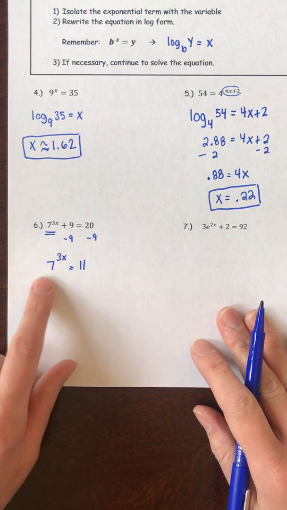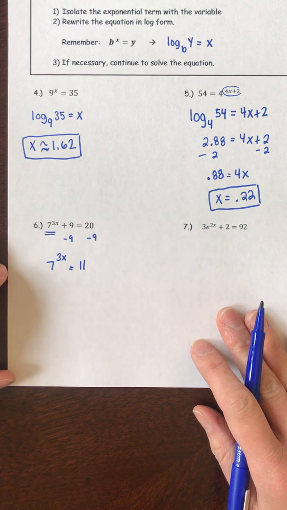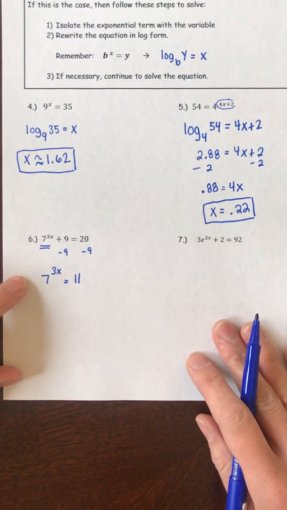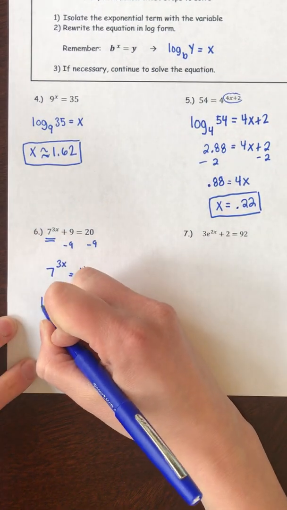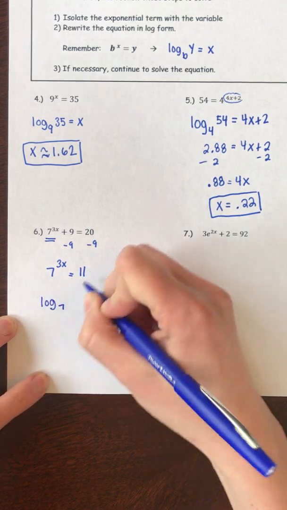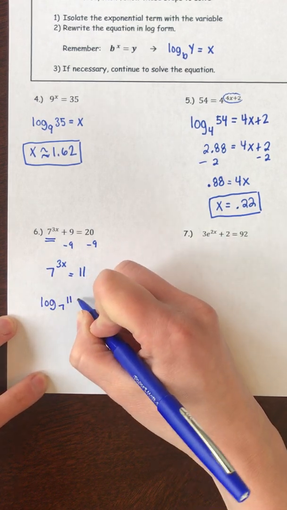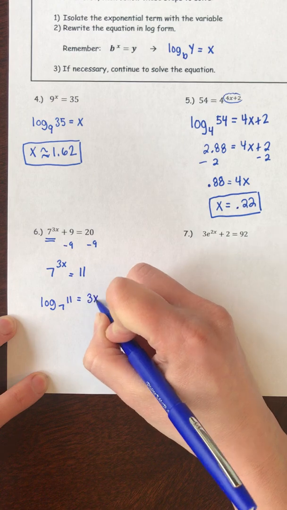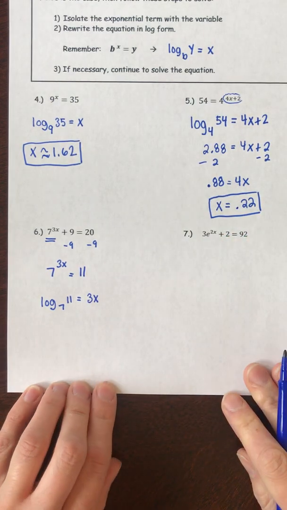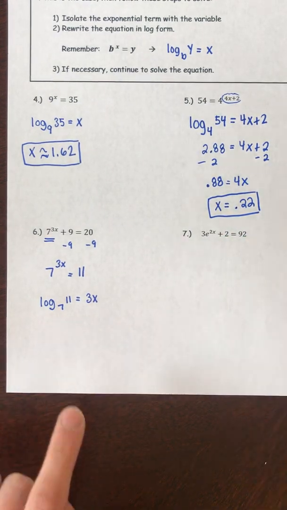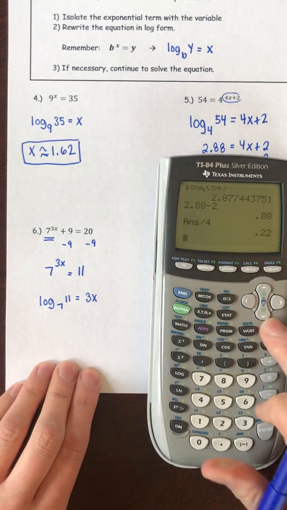All right, and now it's been isolated, so I'm going to go to step 2, which is rewrite this into log form. So this would become log base 7 of the other side equals 3x. So I need to know what is log base 7 of 11.